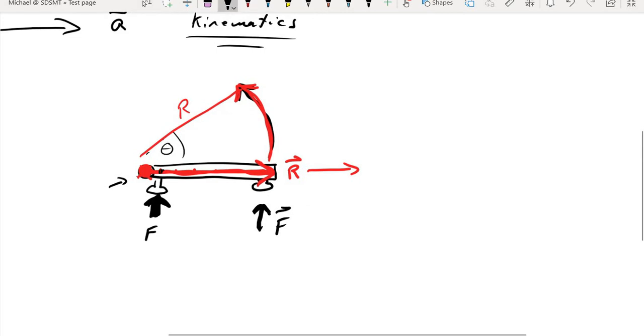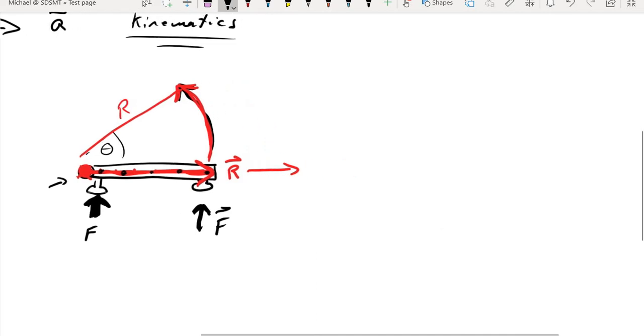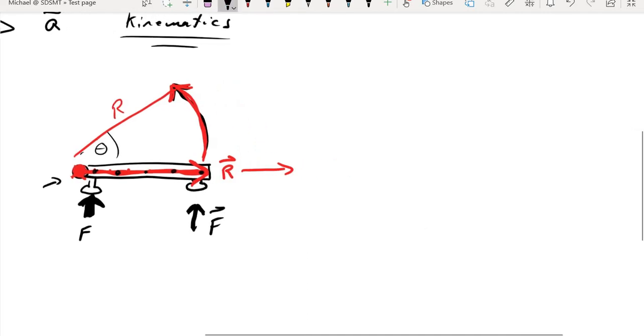So to start off, we have this idea that where we place our force is going to make a big difference in how much rotation we get. But also there's going to be this relationship between the two vectors themselves. So to start off, obviously it's going to matter how much magnitude our force has.